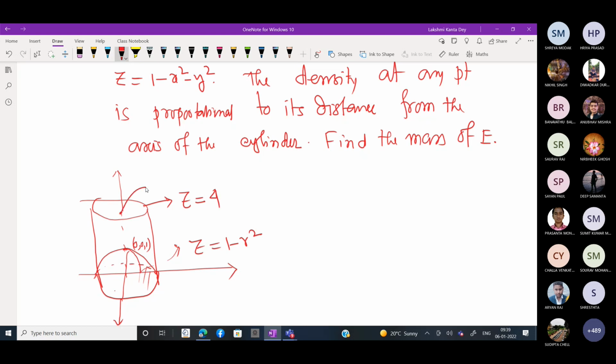And this particular point will be 0, 0, 4. Okay. And this part is 1, 0, 0. And this is 0, 0, 1. All of you understand? 0, 0, 1.